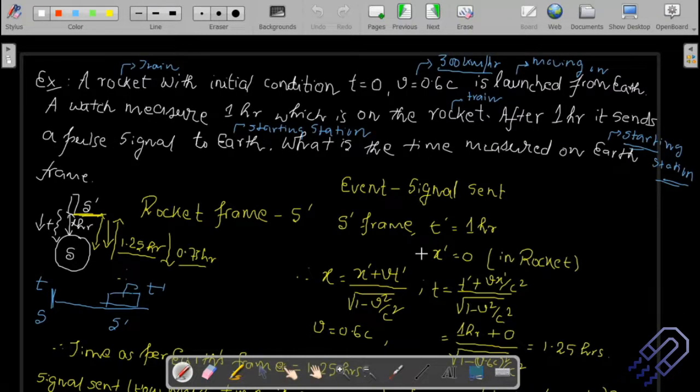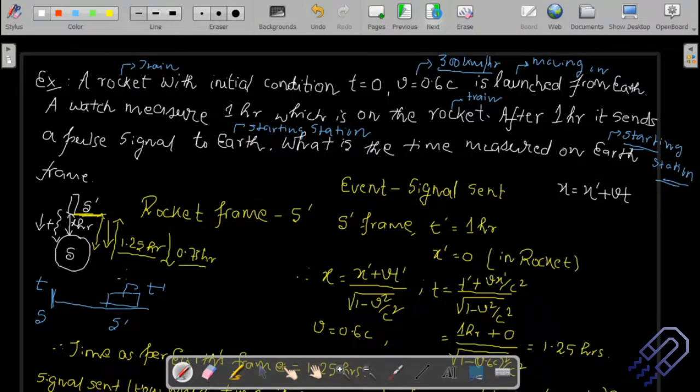So I have told you to use this formula to find the answer, but you can also use x is equal to x prime plus vt, and you will see that both answers are very close to each other. That clearly explains that if the speed is low, the Lorentz transformation becomes insignificant, and that is very important.